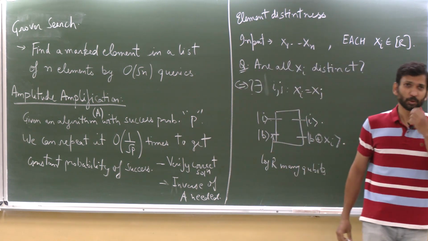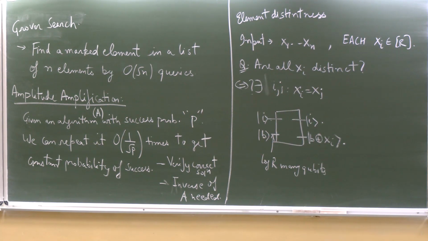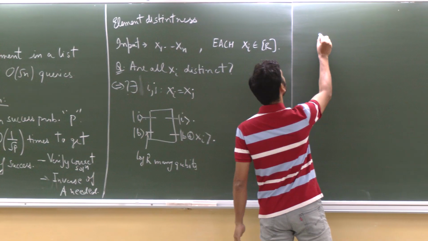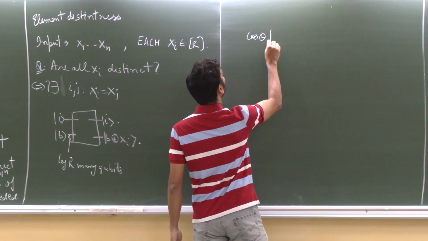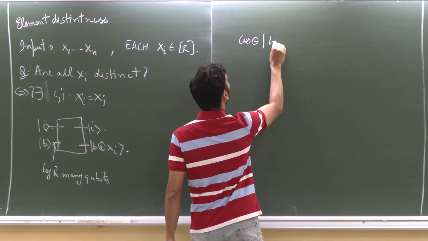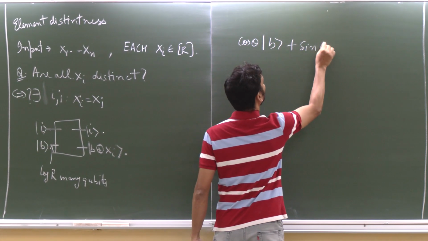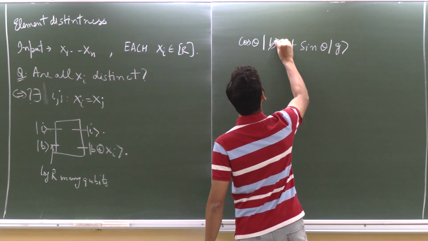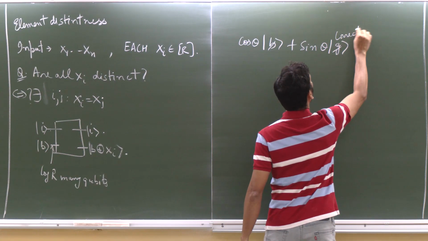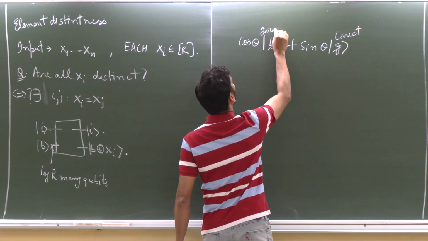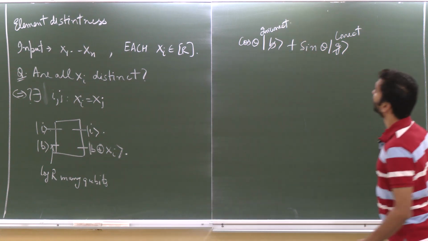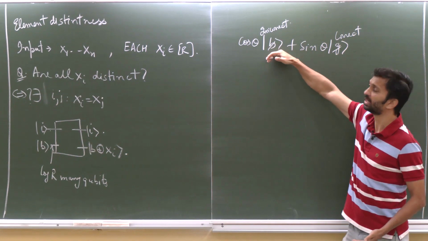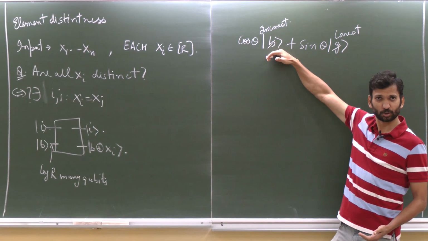But why am I calling it amplitude amplification? Once again, if my algorithm has a success probability p, that means at the end of the algorithm, I will have a state which has some projection on the correct solutions and some projection on the incorrect solutions.